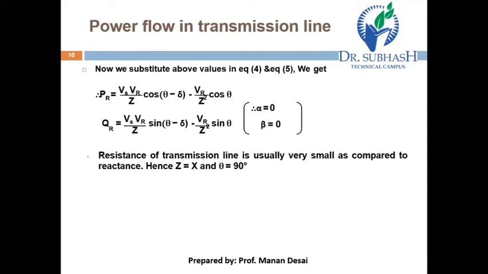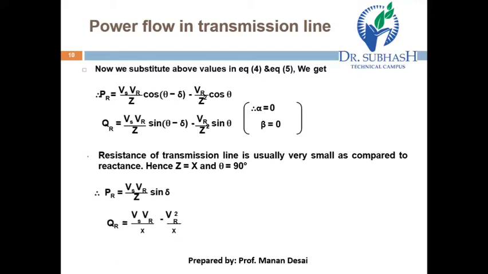So we put the maximum or heavy component, reactance, in place of Z, because Z is made from R plus jX. While R is very small, we can put X in the place of Z, and theta is equal to 90.